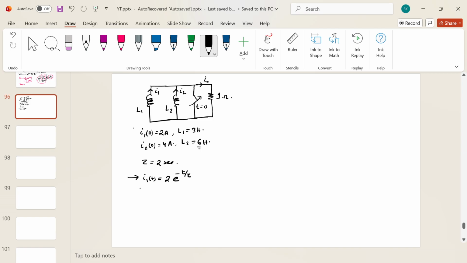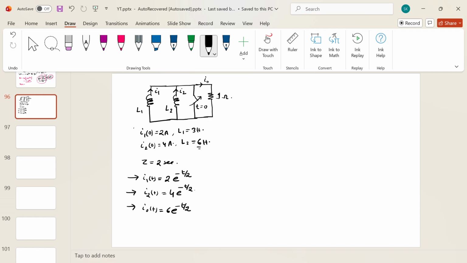We will see whether it is correct or not. And for I2 of t, it is 4 e to the power minus t by 2, where I can put tau as 2. Similarly, the total current I naught of t is equal to 6 e to the power minus t by 2.